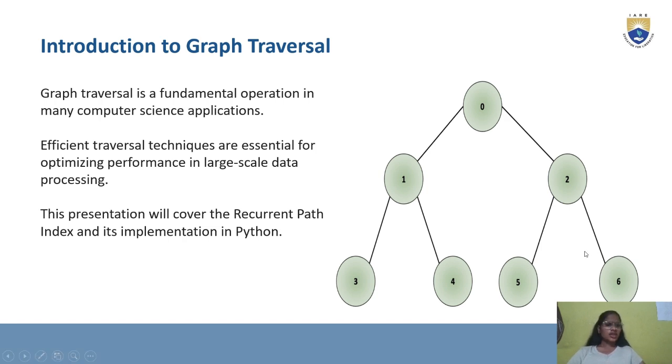Now, as we can see in the diagram here, these spherical structures are known as either vertices or nodes, and the lines joining these are known as edges.